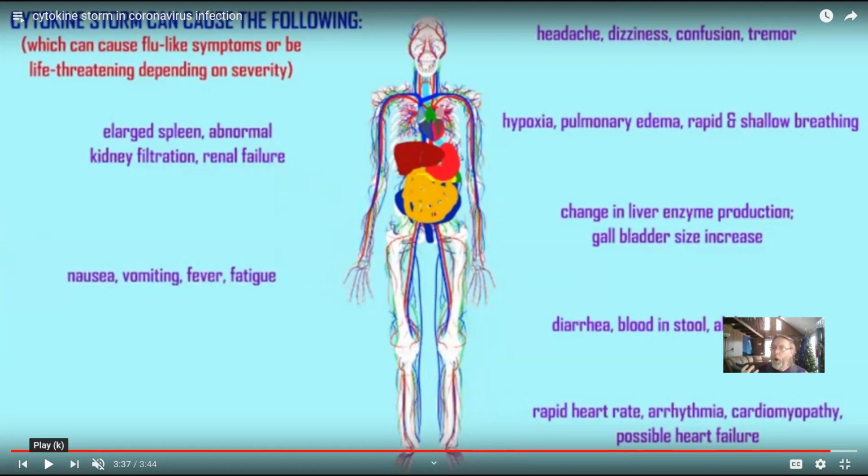If one asks, what is it about the coronavirus which has killed hundreds of thousands of people in the United States so far? A large part of the answer is the body's response to the imbalance in our immune response and this cytokine storm.